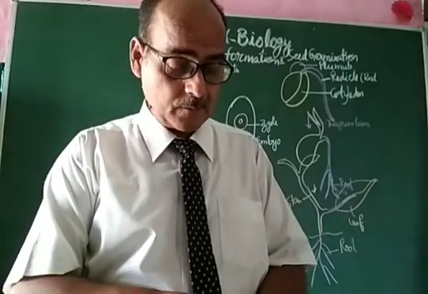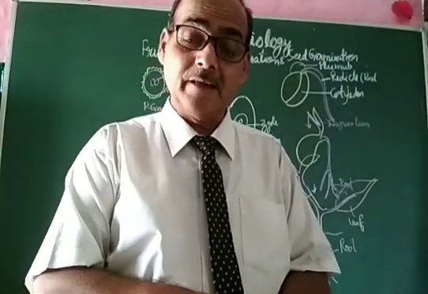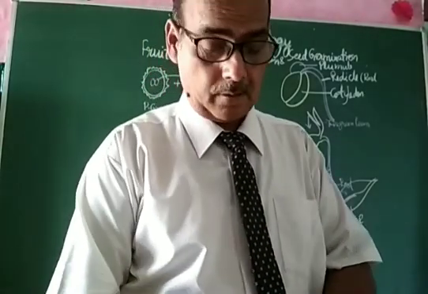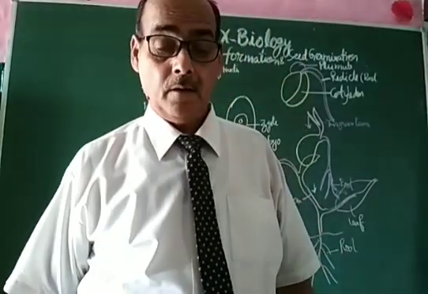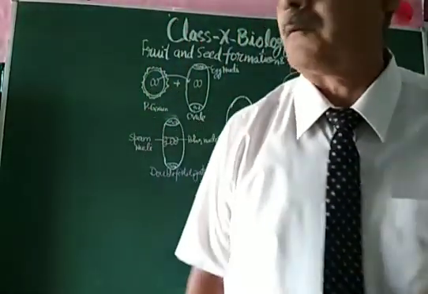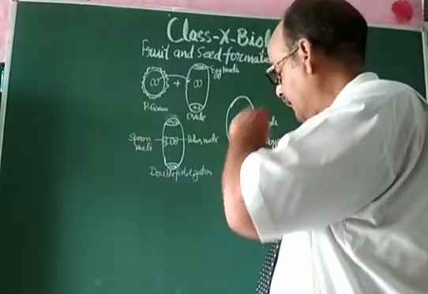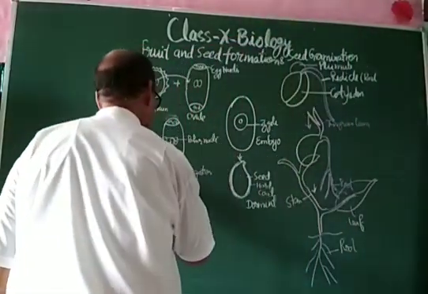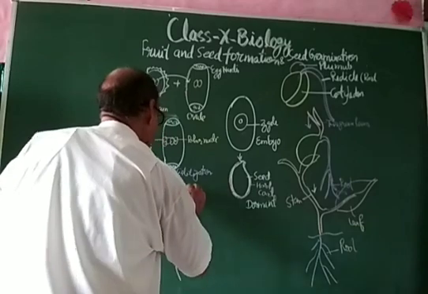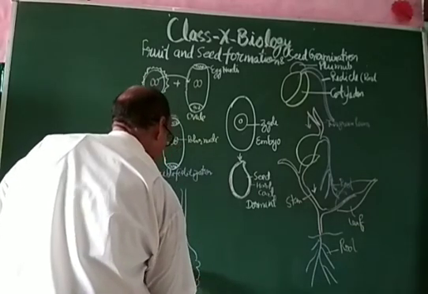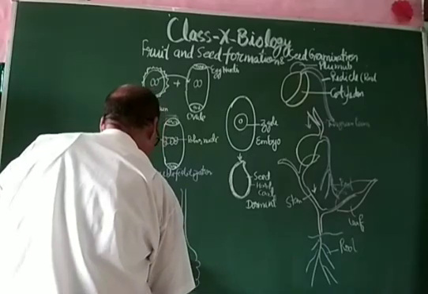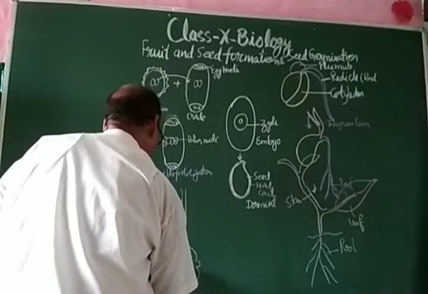My dear students, some important things are linked with this sexual reproduction in flowering plant. Now, how does fruit form? The fruit, as you know, this is the ovary. So the ovary gets enlarged.